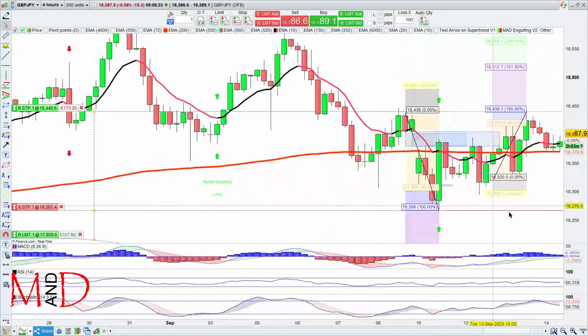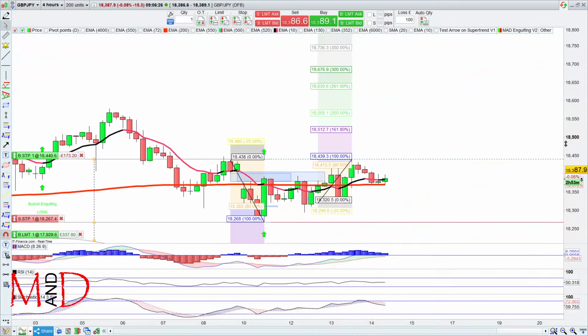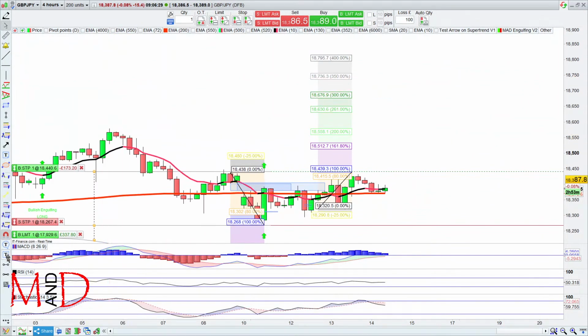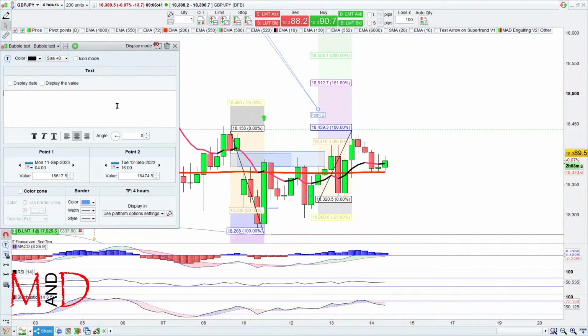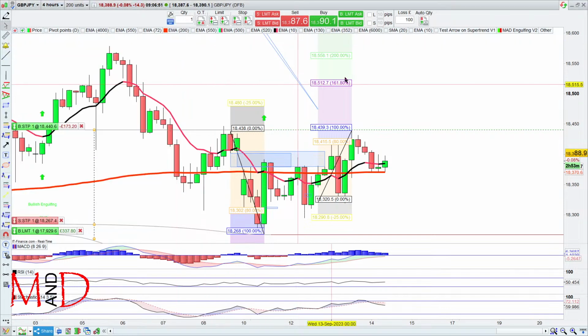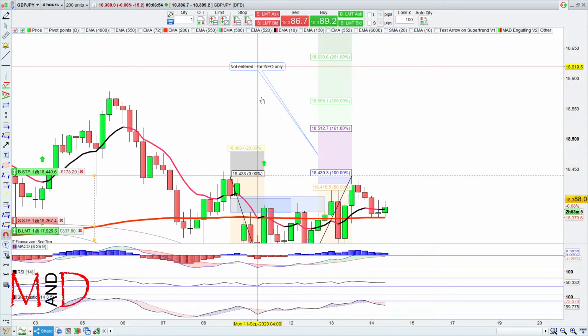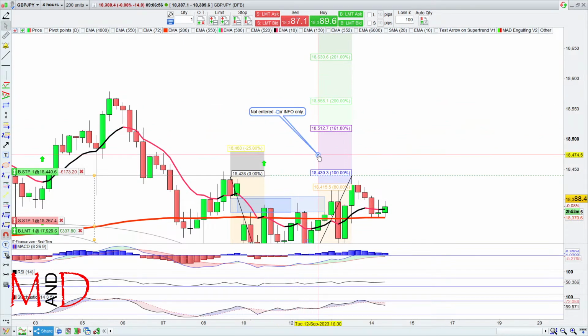So it's like half filled in, so it's not actually doobied, you know what I mean. Text it. How are you doing? Just enter the text. So not entered, for info only. Boomsies. So let me move that down here slightly. And we need to move that to the tip of that.